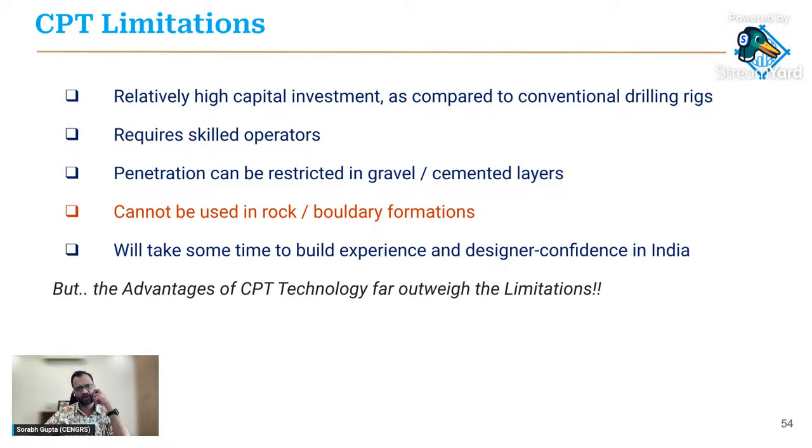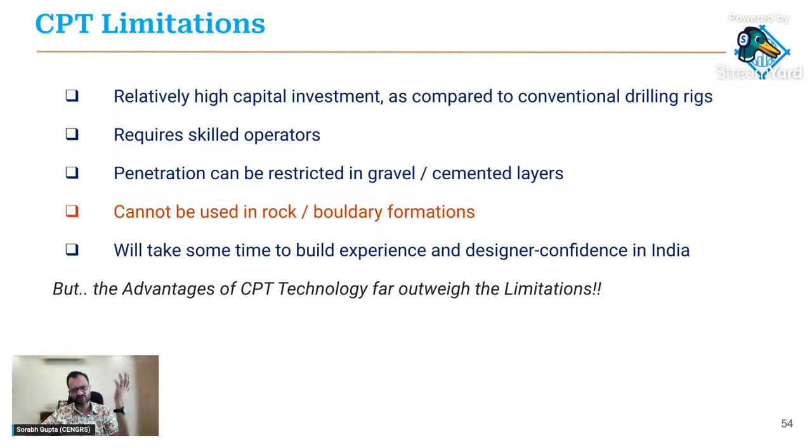I want to talk about CPT advantages. But before we talk about advantages, we should always talk about limitations. One limitation for today in India is that CPT technology requires fairly high capital investment.